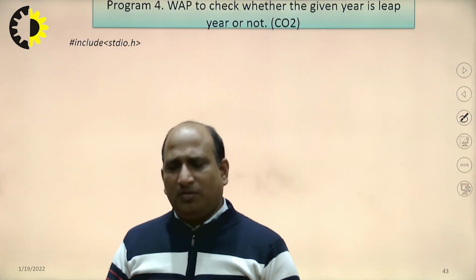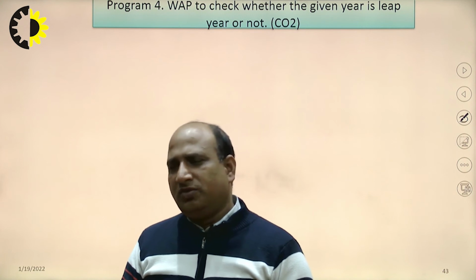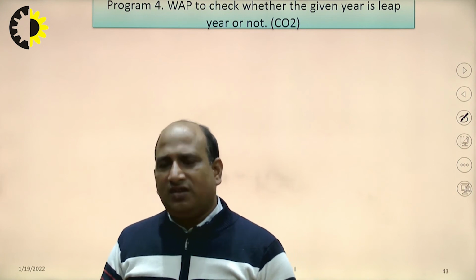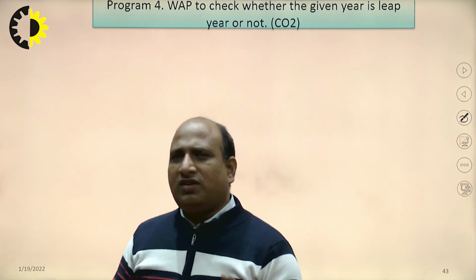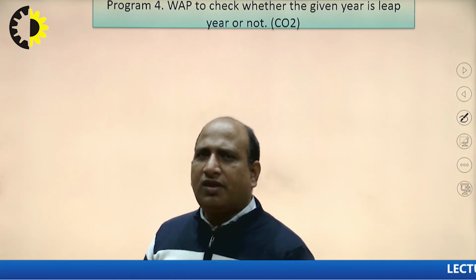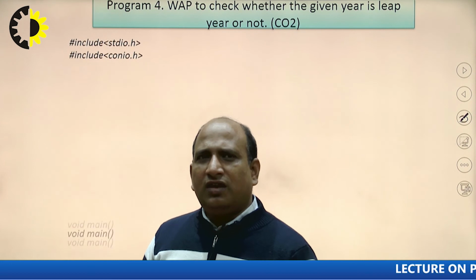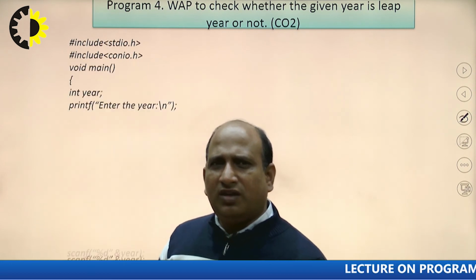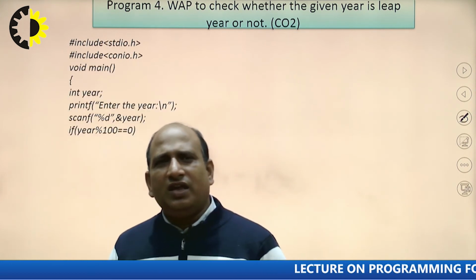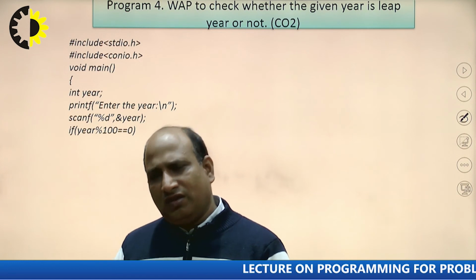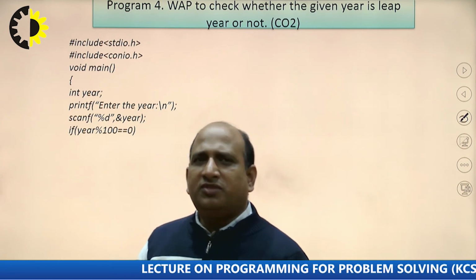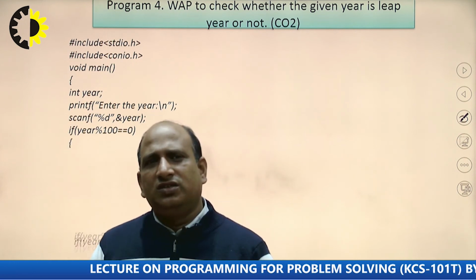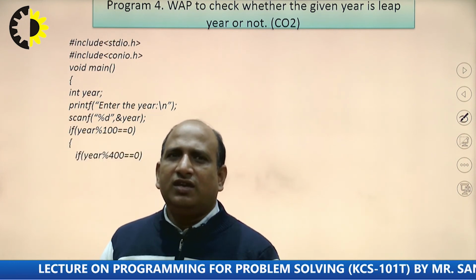Now I have written a program to demonstrate the concept of nested if else. It is a program to check whether a year is a leap year or not. Firstly, I have entered a year number in the year variable, and checked whether it is a century year by dividing it by 100.